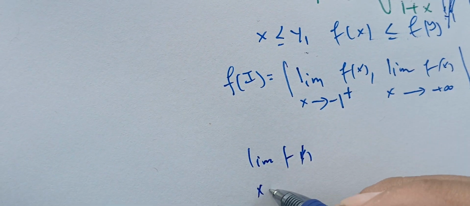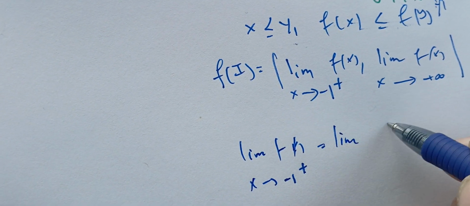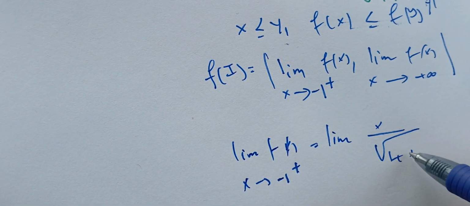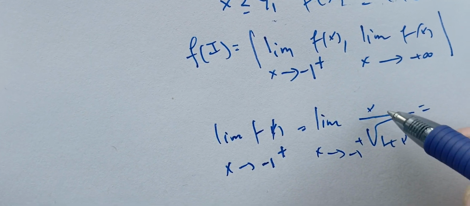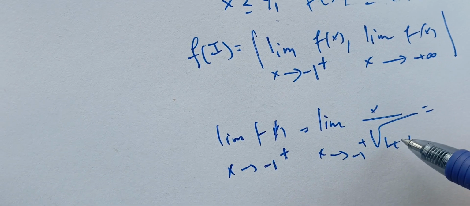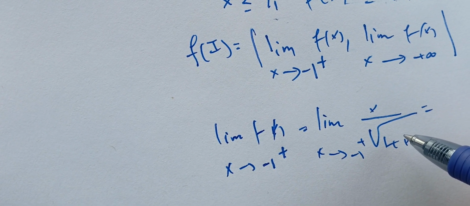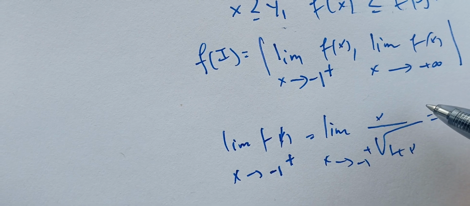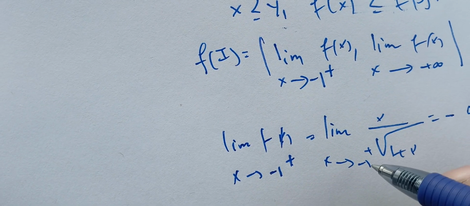The limit of f of x as x goes to -1 from the right is the limit of x over the square root of 1 plus x as x goes to -1 from the right. Here we're going to have a small negative value over a small positive value. When we flip them, we get something big but negative. Therefore we have minus infinity.